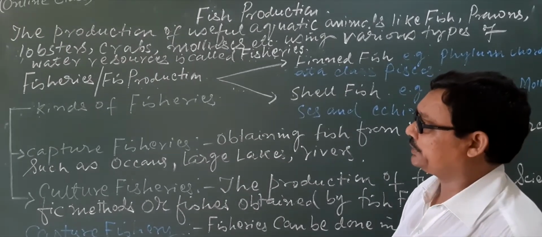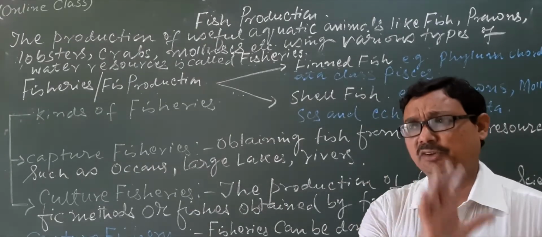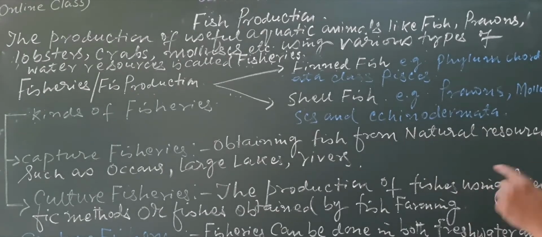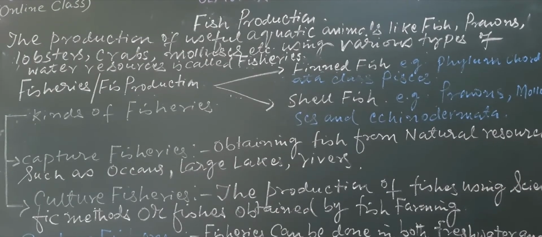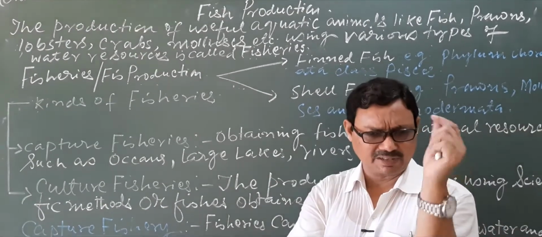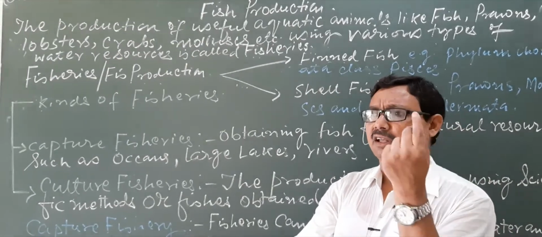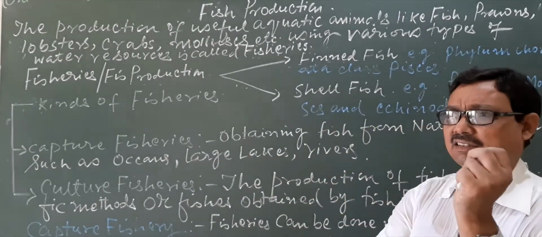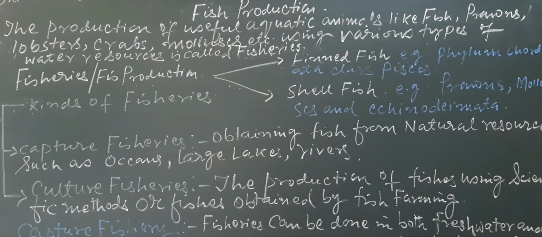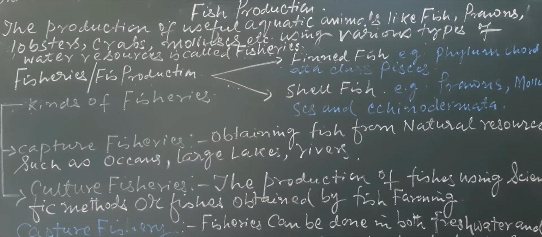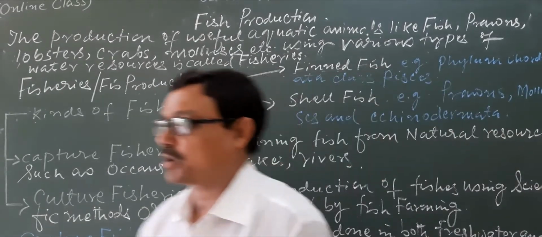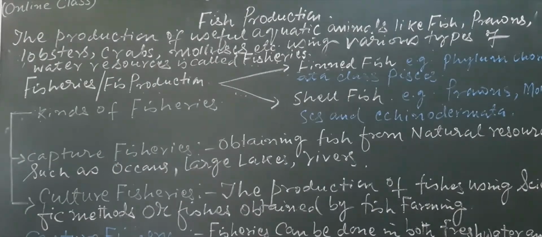Fishes are not only a source of meat, but their non-edible parts, like their bones, fins, tails, and other waste parts, are used for making fertilizers and adhesives. Oils are also obtained from fish, and they are rich in vitamin D.